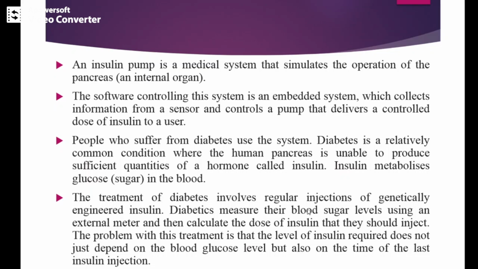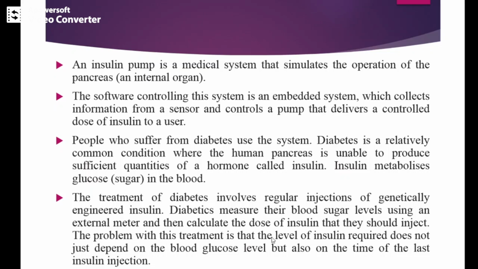Diabetics measure their blood sugar levels using an external meter. You have seen these external devices, and through them you can measure your blood sugar level. Then you calculate the dose of insulin that they should inject. You have to calculate how much insulin needs to be injected.